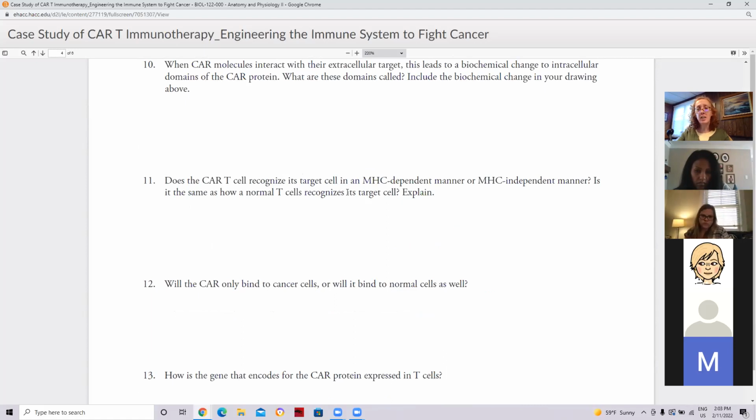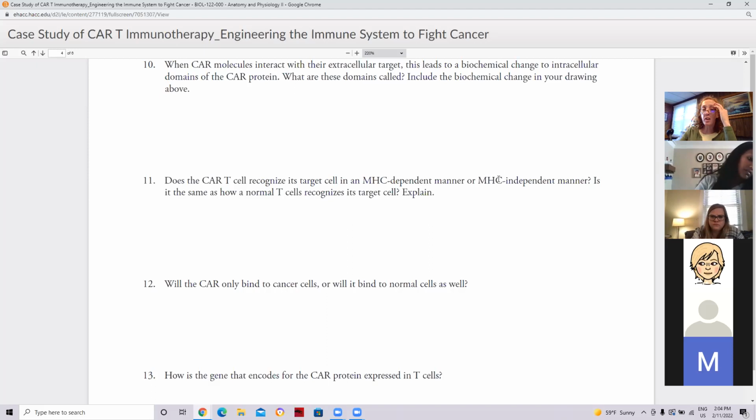Number 11: does it recognize its target cell in an MHC dependent manner or an MHC independent manner? This is probably the easier question because we asked it before. What does it mean to recognize its target cell in an independent manner? That means it doesn't have to depend on that protein.